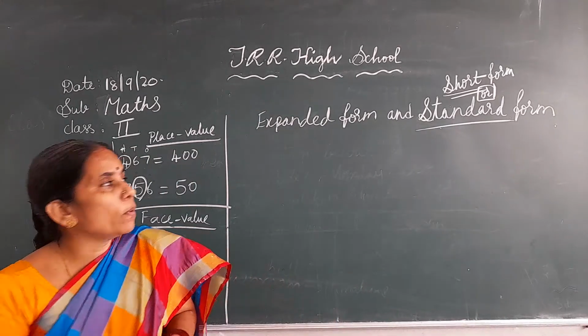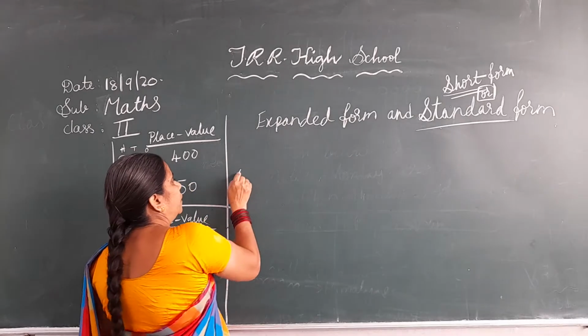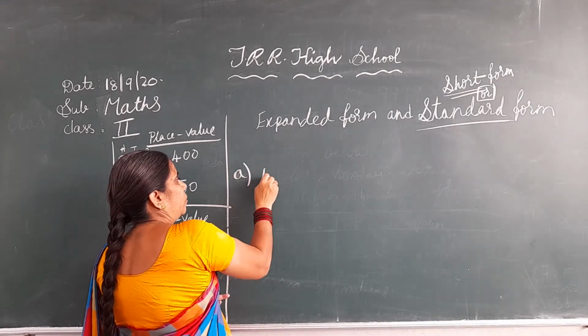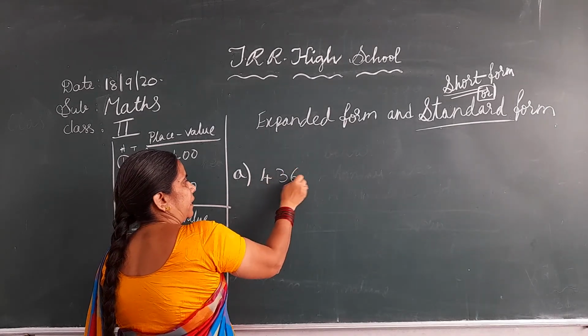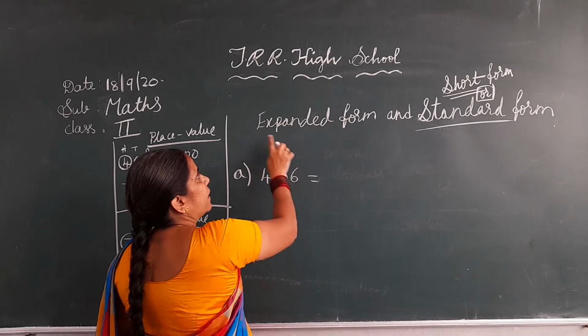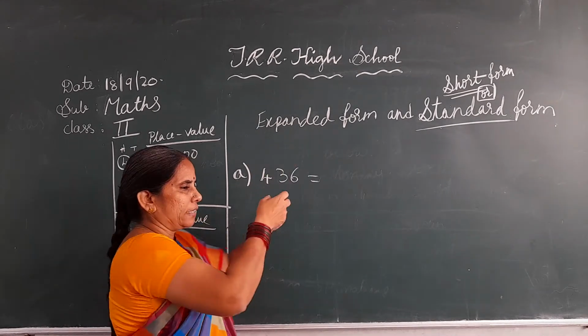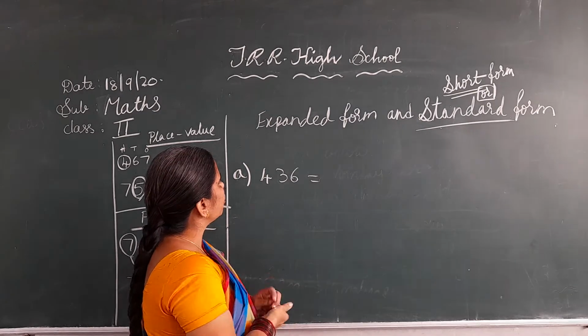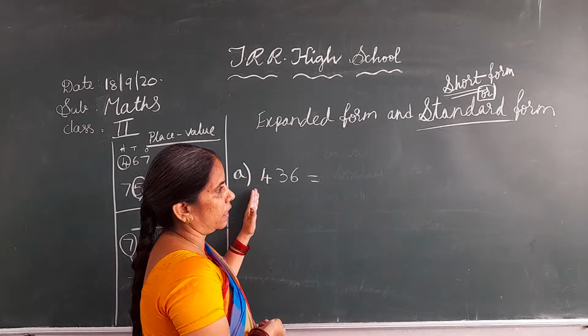I will give you one number. First one: 436. You must write the expanded form. You must expand it. How will you expand? First you must start from the hundreds place.